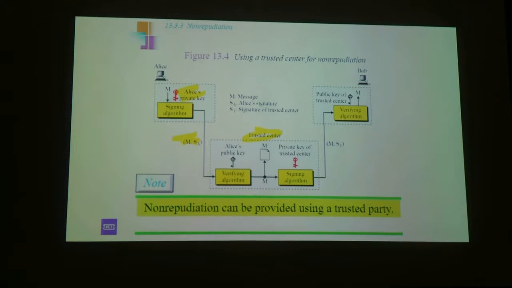This center is trusted by everyone, and then it is sent to Bob. Who signed it to Bob? The third party, the trusted sender. So now, once Bob receives it, and once Alice has sent it, none of them can deny that they did not send it or receive it.